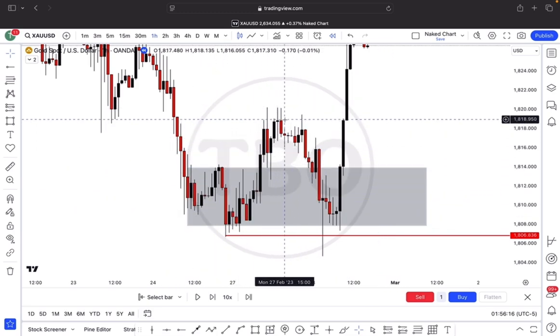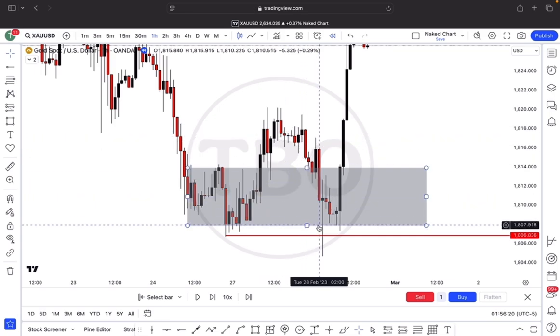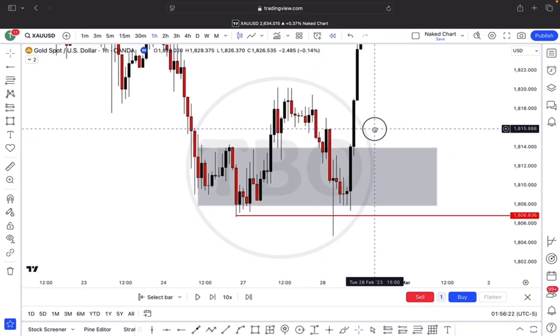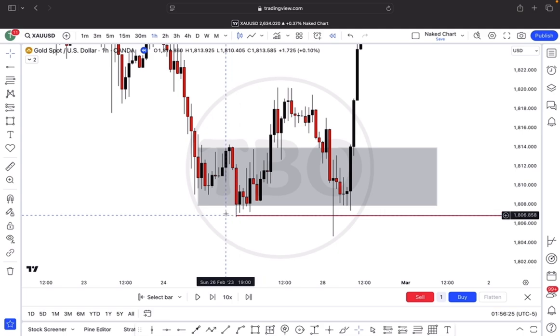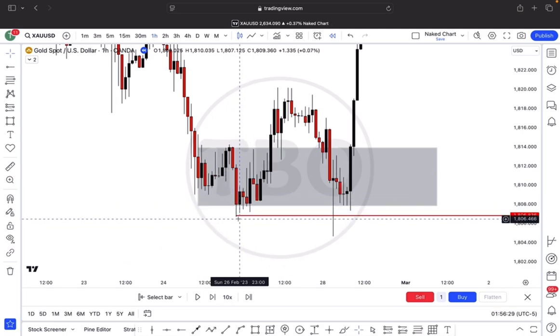If you are paying attention to the zone, then we get another retracement back into the zone. And this retracement took out the low on this side, which means it swept liquidity, but I'm not going to get too much into that. Let me know below if you want a video on liquidity.